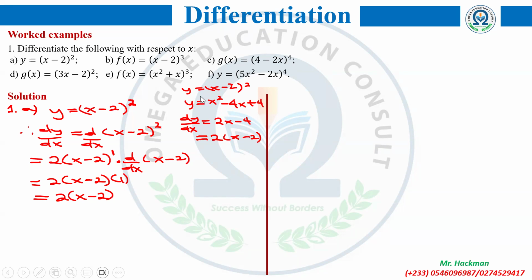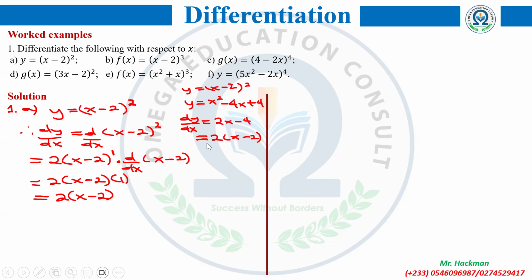No, I said, per the nature of this question, if you use it, you are not wrong. Only that because I'm treating this question under the composite function or the chain rule, I handle it from this perspective. However, if it's a general question and you are asked to differentiate this with respect to x, you can go this route. So both ways will work.